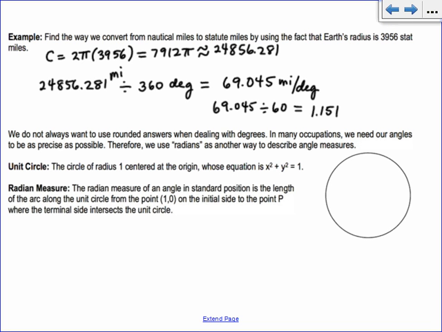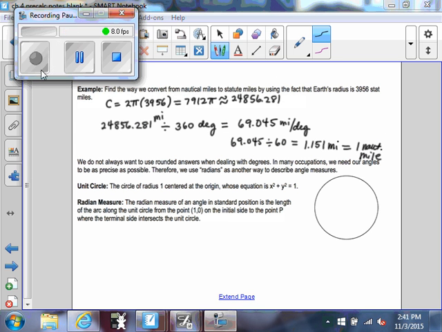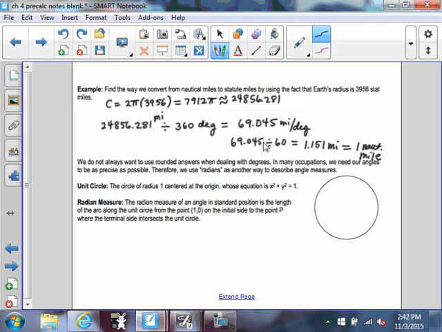So this is the number of miles equal to 1 nautical mile. We just found 1 nautical mile. So that's our conversion factor. 1 mile on land ends up being equivalent to 1.151 miles on land.